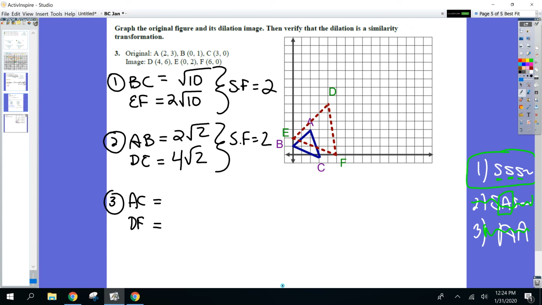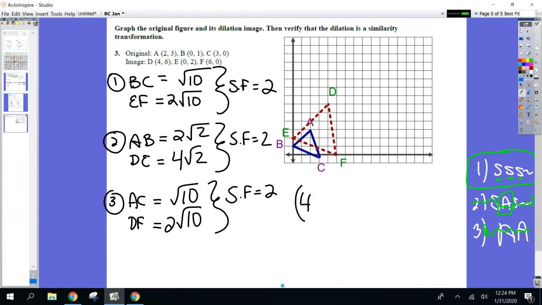And group 3, AC. Radical 10 and 2 radical 10. Radical 10s again cancel out. So what's my scale factor? 2. So bonus question. Not only are these triangles similar, but they're also what type? Isosceles. Nice. So we can say, take a look. All the ratios came out to be 2 to 1, 2 to 1, 2 to 1.